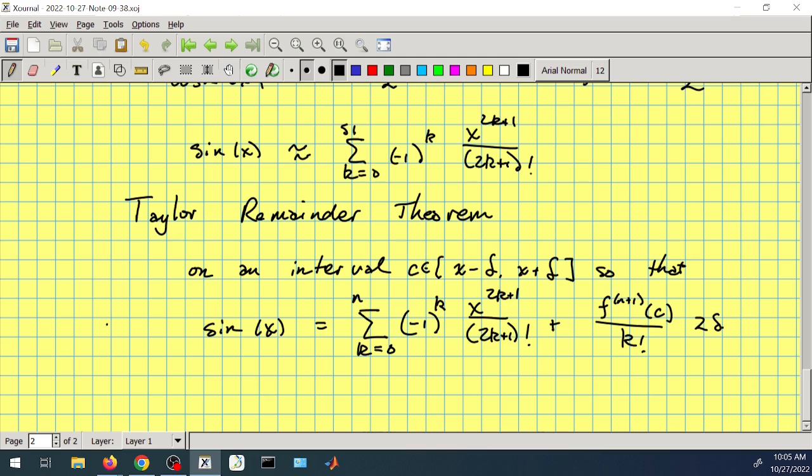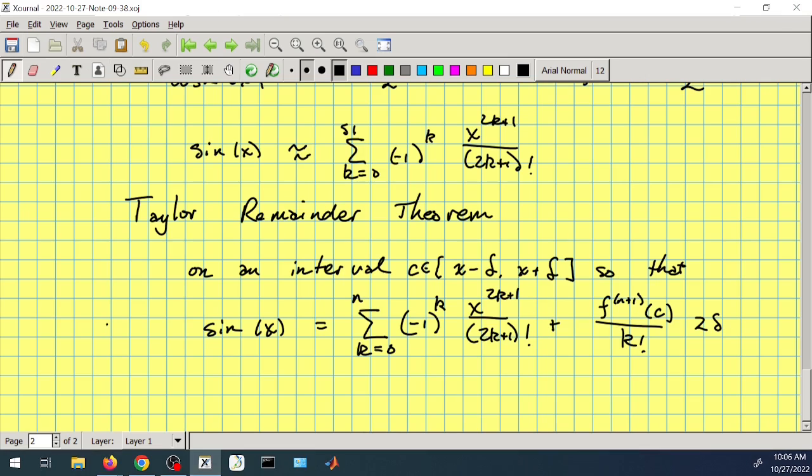Taylor proved this, and this c comes from the intermediate value theorem for continuous functions.